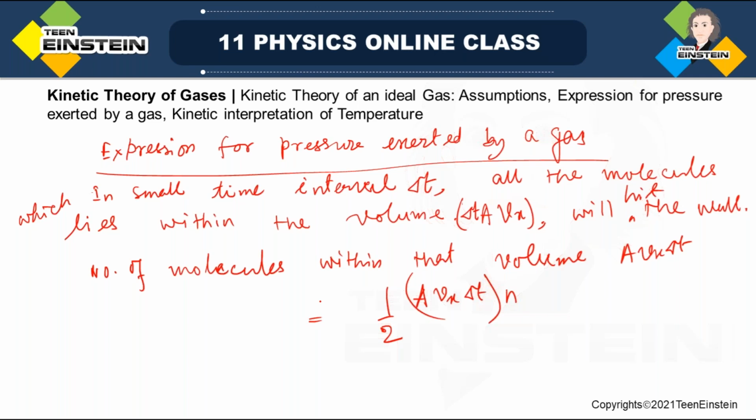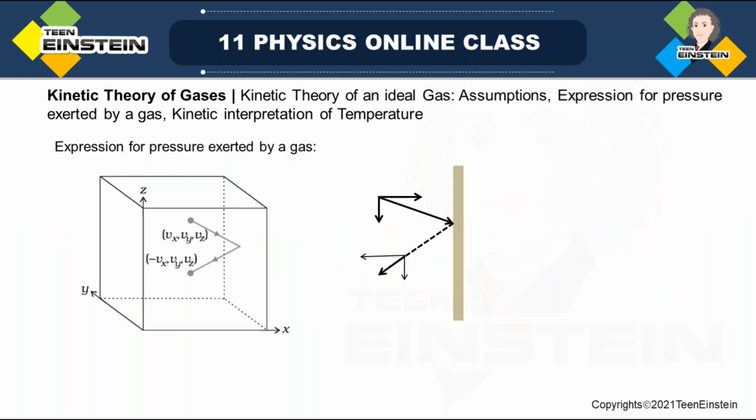because half the molecules are going and hitting the wall and half are coming in the opposite direction, away from the wall. So actually we have considered, if you remember, the molecules from this halfway to this wall.